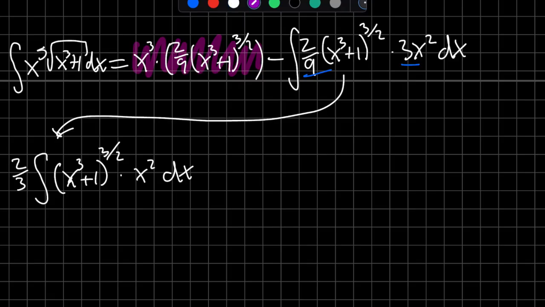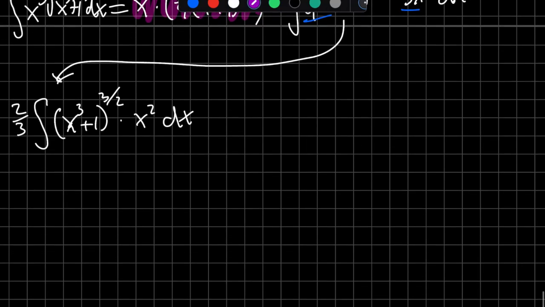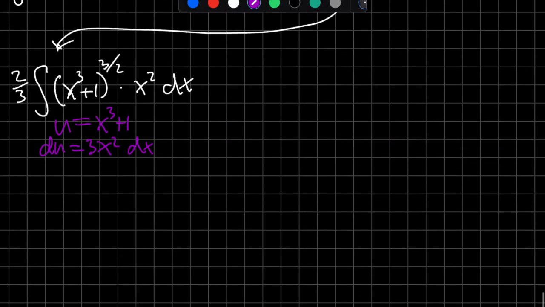So now we can go ahead and do another quick u substitution here. We can do u equals x cubed plus 1. Derivative of both sides gives us 3x squared dx. Solving for dx, we get du over 3x squared equals dx, right?